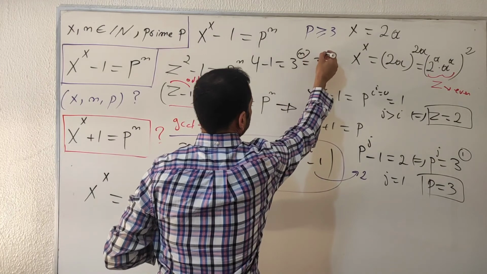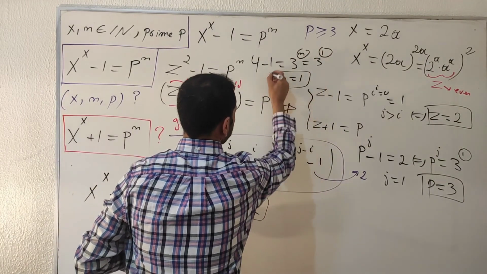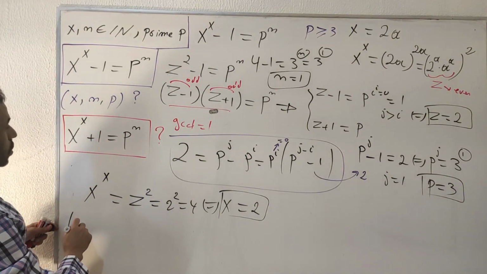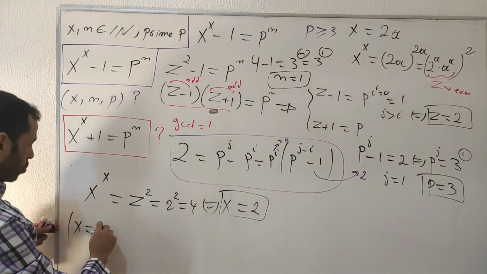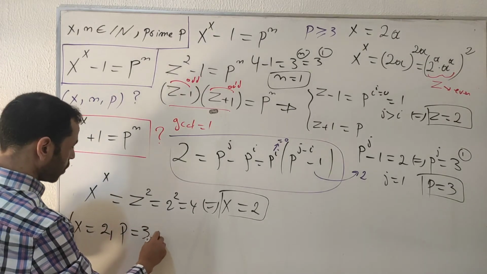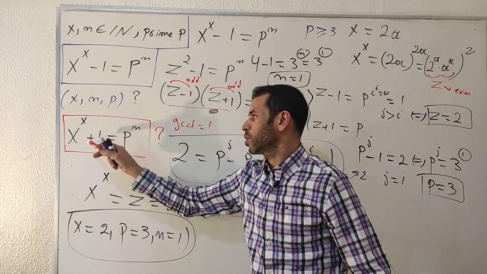The exponent here equals 1. Now the pair of solutions is going to be x equals 2 and p equals 3 with n equals 1.